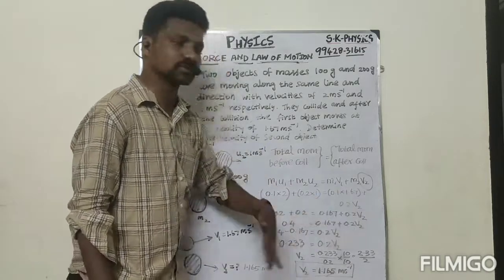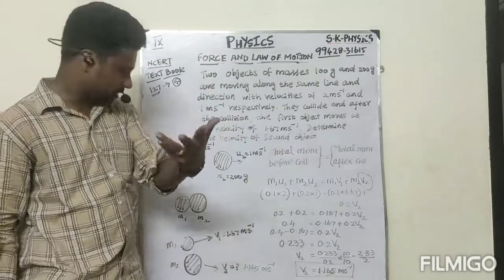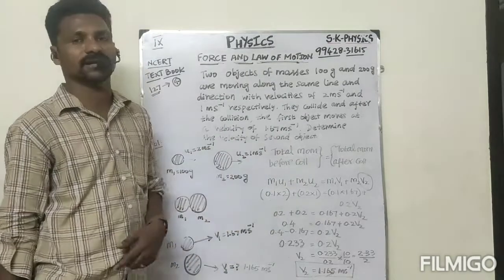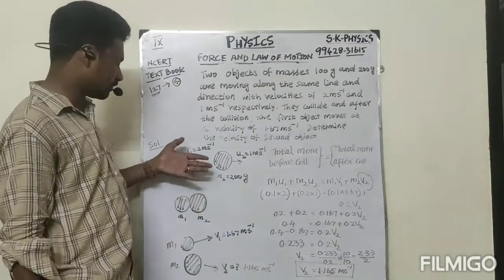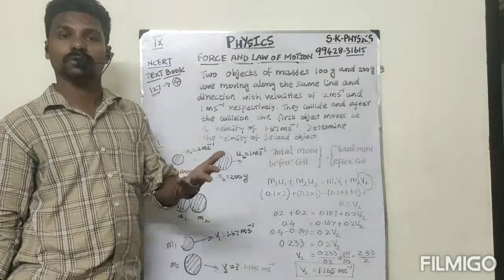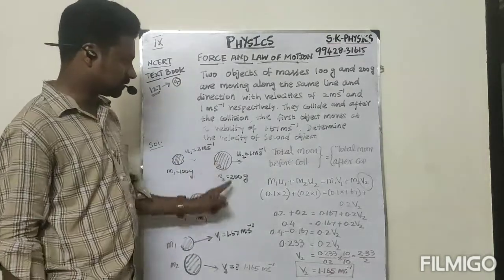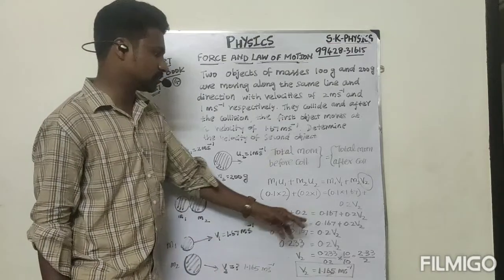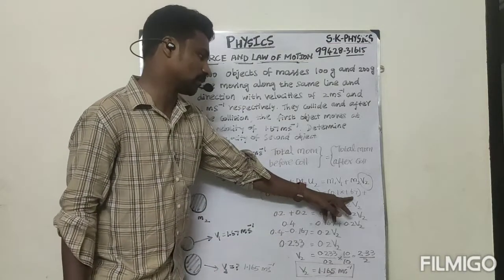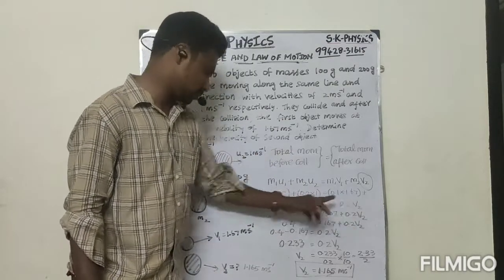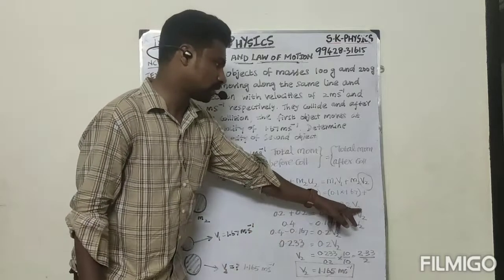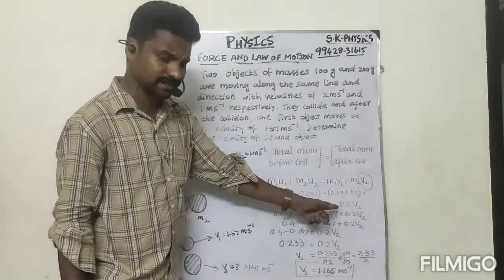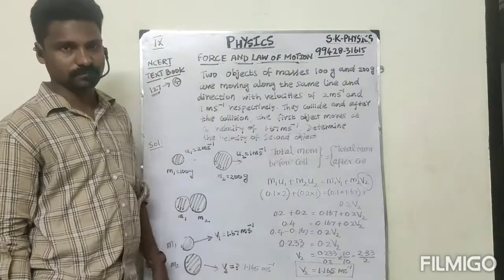If you put it on the right side also, you will get the same thing, 0.4, because total momentum before collision is equal to total momentum after collision. You should try once again: 0.1 into 1.67 plus 0.2 into 1.165. If you simplify the right side, you can get 0.4.